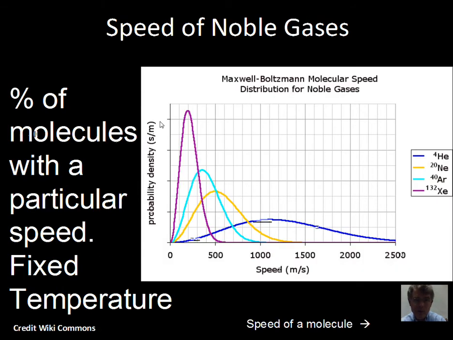The speed of noble gas here, taking a fixed noble gas, well, on one particular curve, the blue being helium, then neon, the yellow, argon, and xenon. These have different masses, and pretty much these numbers on the superscripts are a gauge of the mass of a particular molecule, with helium being the least mass.